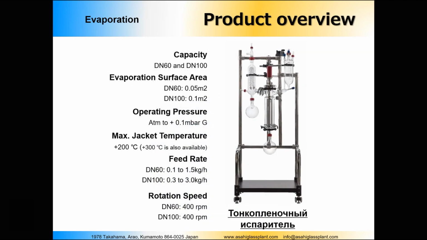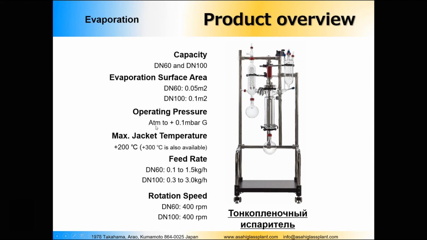Thin film evaporators. Oh, sorry, again, I forgot to translate it into English. So, for the lab thin film evaporators, there are two sizes, DN60 and DN100. The evaporation surface is 0.05 square meters, and 0.1 square meters for DN100.